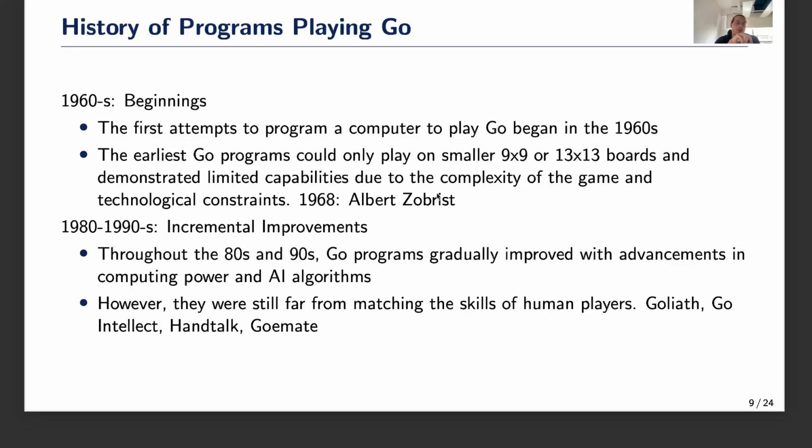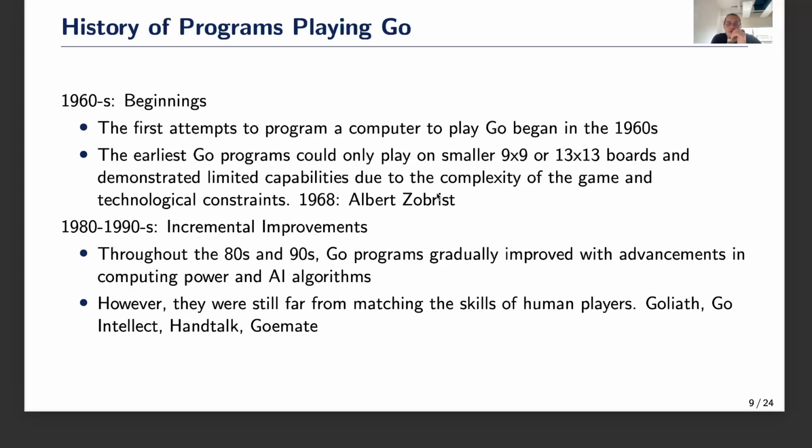One of the big breakthroughs came in the late 90s and early 2000s with the development of Monte Carlo methods for Go. Monte Carlo tree search is a statistical sampling based approach for planning, and we talk about the future.